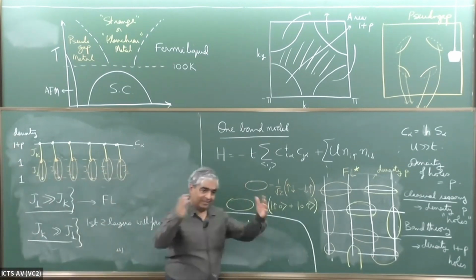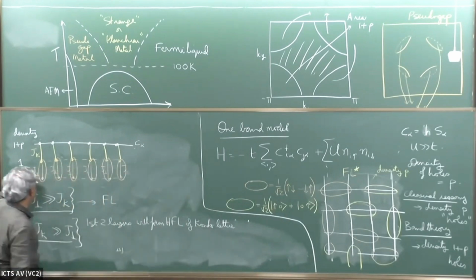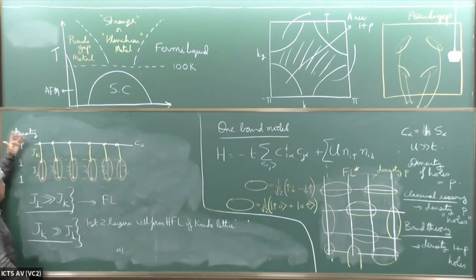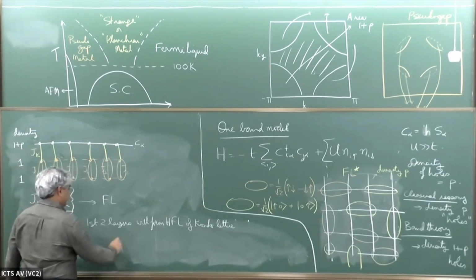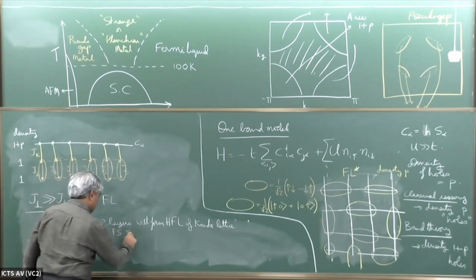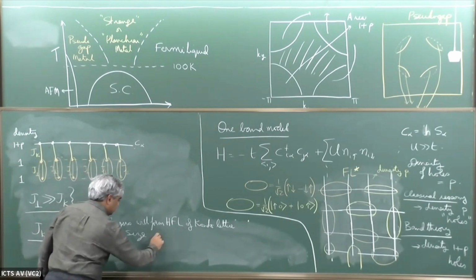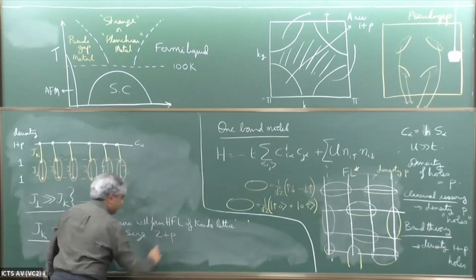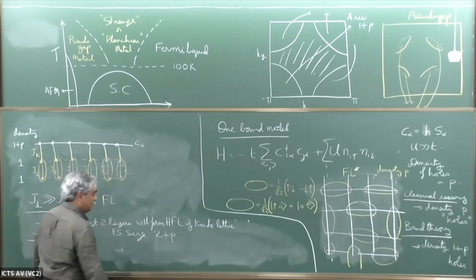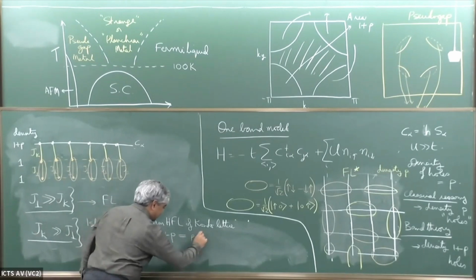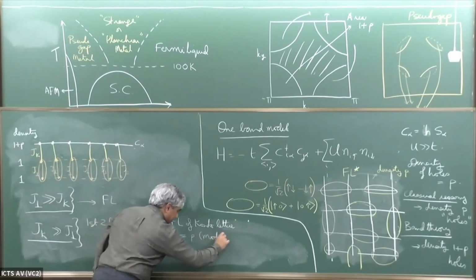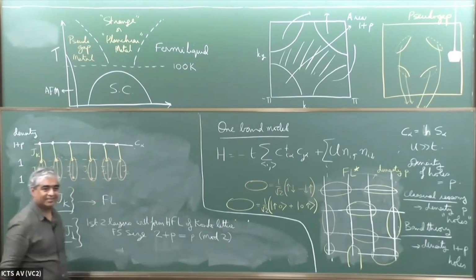It counts all the electrons. Here I'm not counting these; I'm only counting the first two. So how many electrons do I have? I have one, or holes actually here, 1 plus P plus 1, which is 2 plus P. So the Fermi surface size is 2 plus P. But everything is mod 2, which is P mod 2. So in fact, I've got a small Fermi surface.